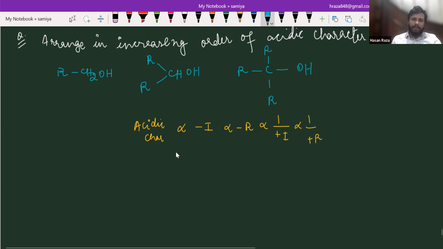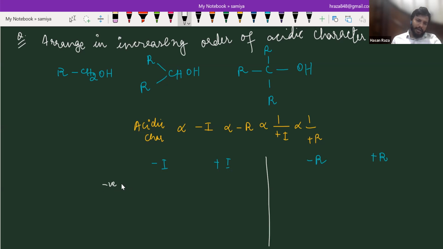Do you know what this minus I and plus I stand for? What does this minus R and plus R stand for? Please tell me frankly. Do you have any idea about this negative I? That means negative inductive effect. I stands for inductive effect, and this is positive inductive effect.